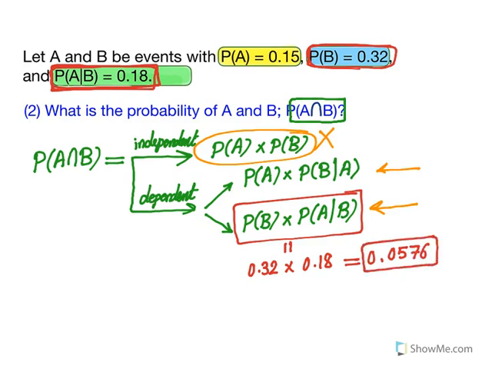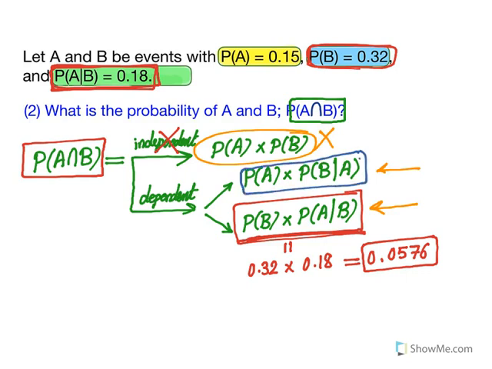Okay, so keep this number in mind. This is the probability of A and B. We noticed that they are not independent from the first part, and so we looked at what we're given and we found that this is the rule to be used. The other rule, the one above it, you can also use, but unfortunately you are not given this one.